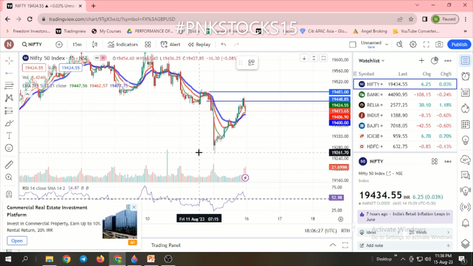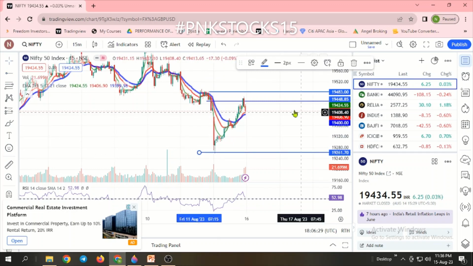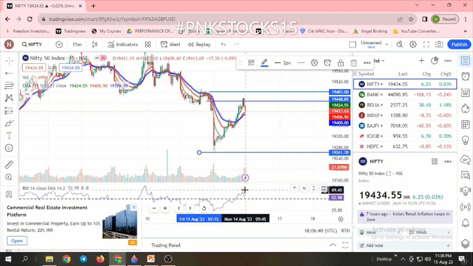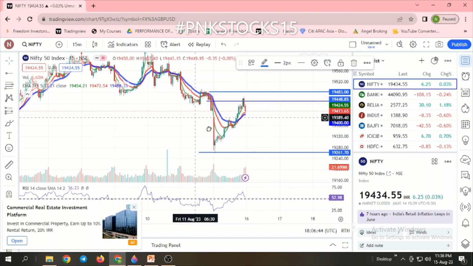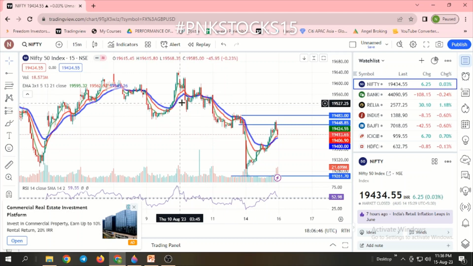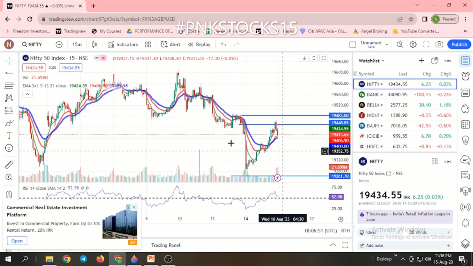We got many points from here. 425, 200 points, 175 points, something like that we got. And you can again enter somewhere here. You still have a trade with you. So someone who entered here would have got all this profit.